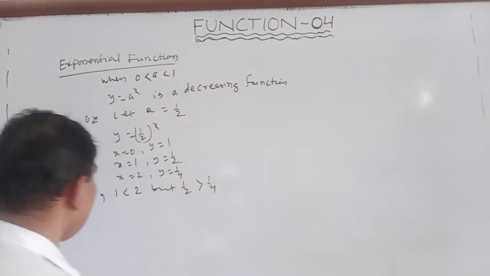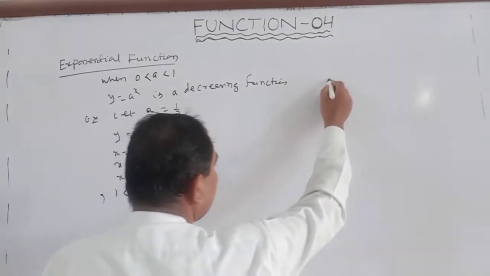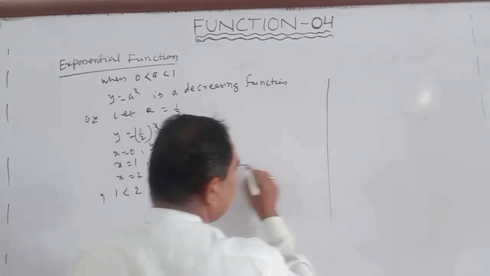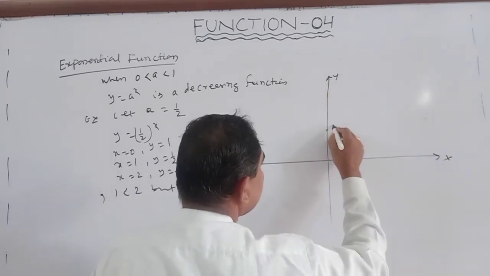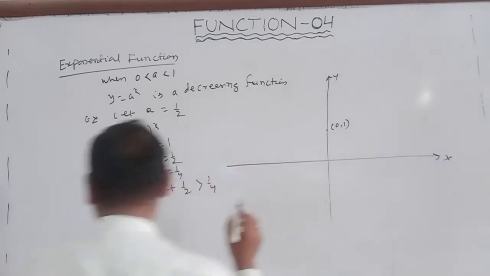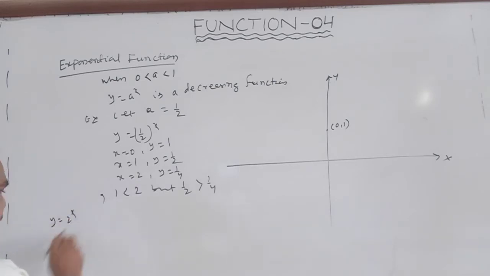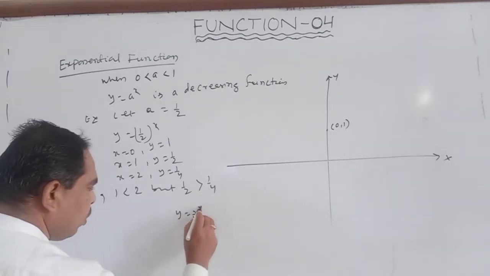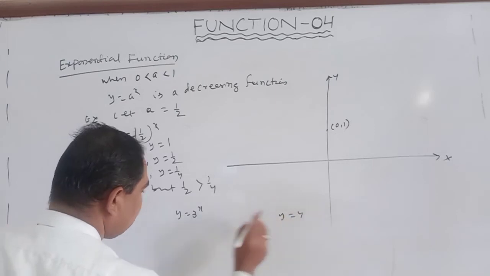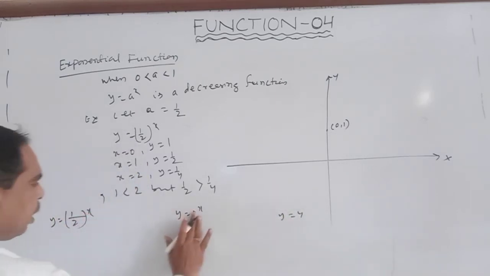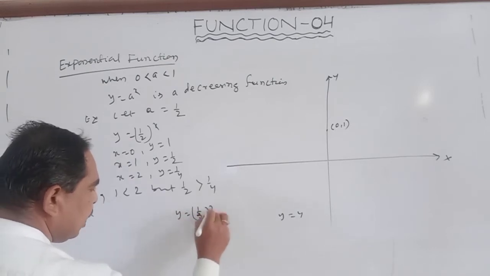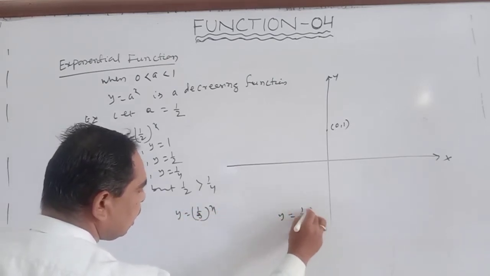Okay, so look at the graph. x, this is y, this is 0, 1. So here y is equal to 2 to power x, y is equal to 3 to power x, y is equal to 1 by 2 to power x, 1 by 3 to power x, 1 by 4 to power x.